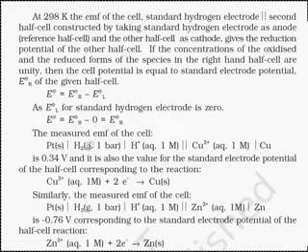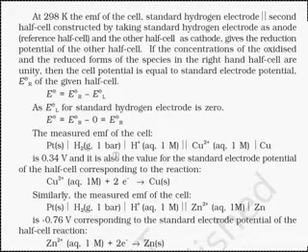H2 is in gaseous form, so it is gas. 1 bar is the pressure. Vertical line H plus aqueous, that is in the solution. The concentration of the solution is 1 molar. 2 lines indicating the salt bridge, Cu2 plus aqueous, 1 molar, vertical line Cu.